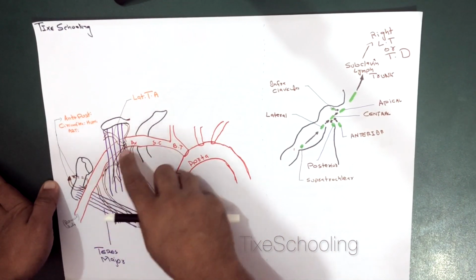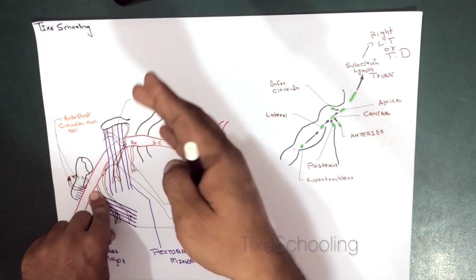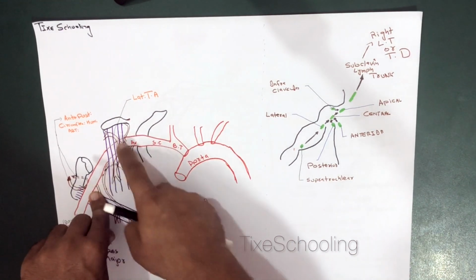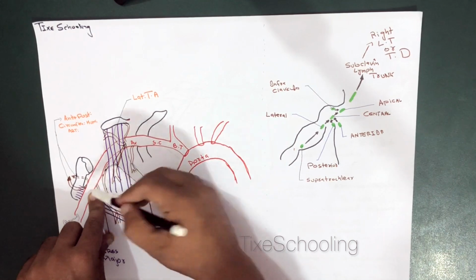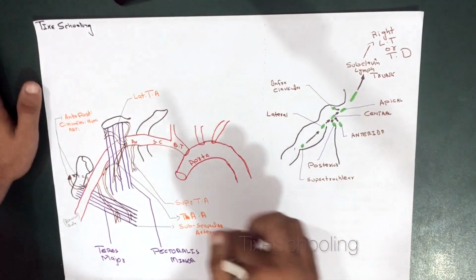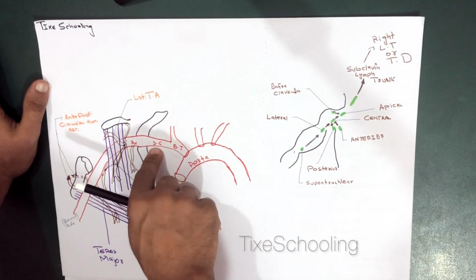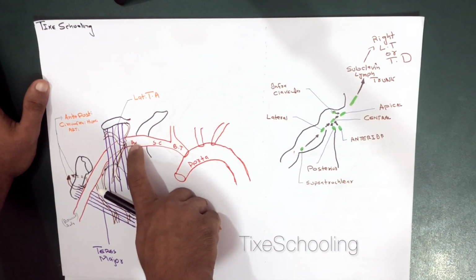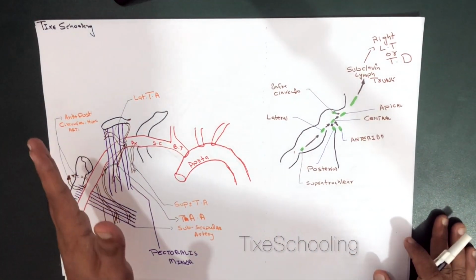So we are only concerned from here to here, and whatever branches arise in between are in the area of the axillary artery. So get it again: aorta, brachiocephalic trunk, which divides and forms the subclavian artery, which passes the first rib, converting into the axillary artery. Are we clear with that?